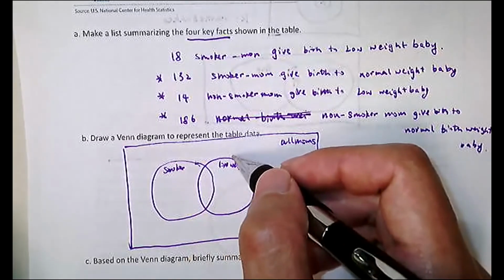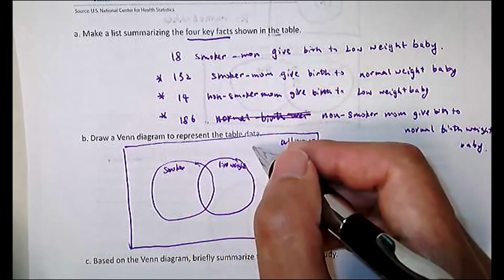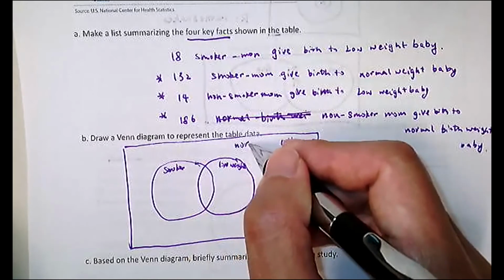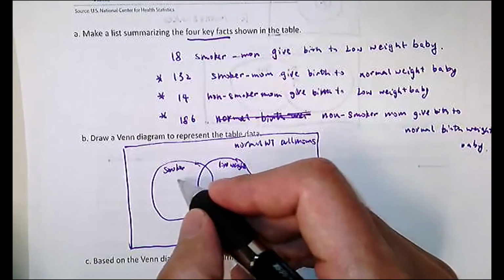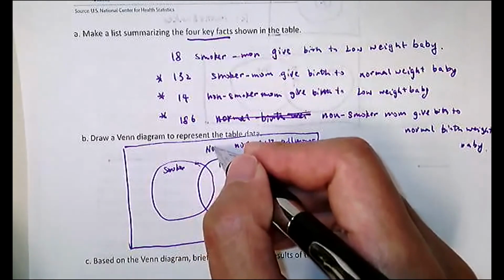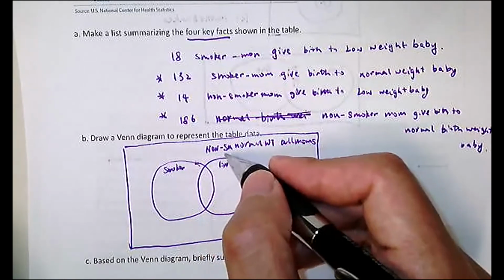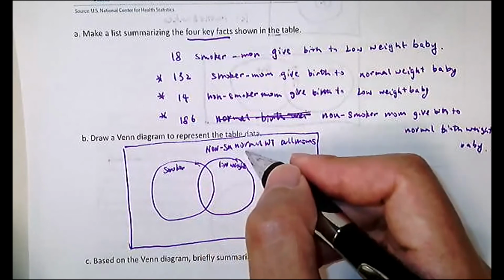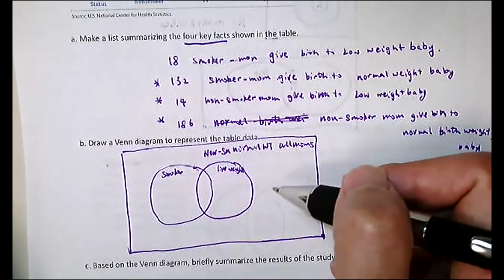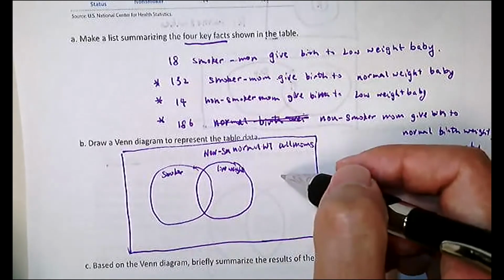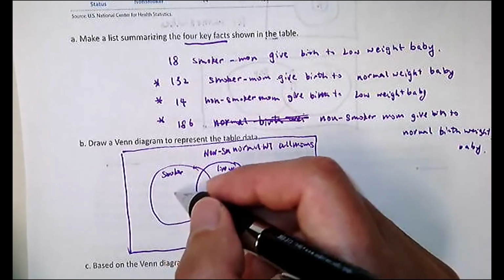All the moms outside of the circles are non-smokers and give birth to normal weight babies. That's how you get 4 categories: this category, this category, this category, and this category.